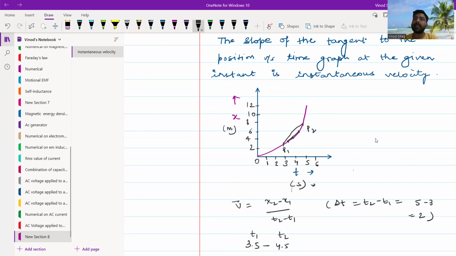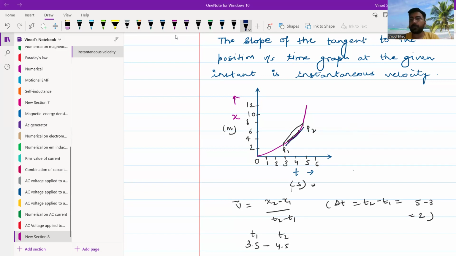And at that instant, we are going to get a straight line that is called the tangent to the point 4. So at that particular point, there will be a tangent.